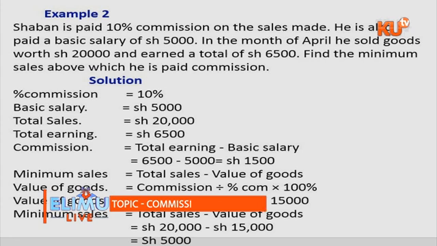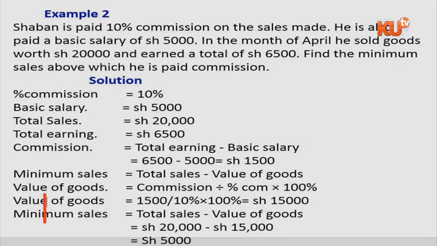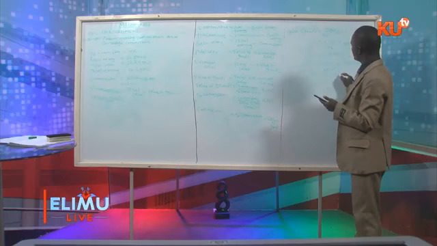And so to find the minimum sales, according to the formula that I wrote earlier, is equivalent to total sales minus the value of goods. So the total sales was 20,000. So we write 20,000.